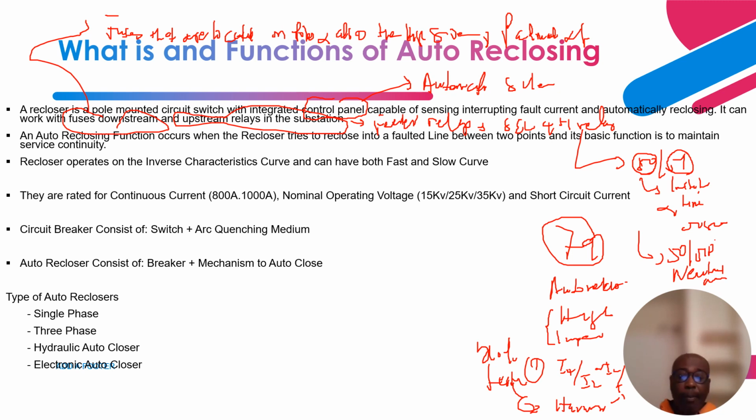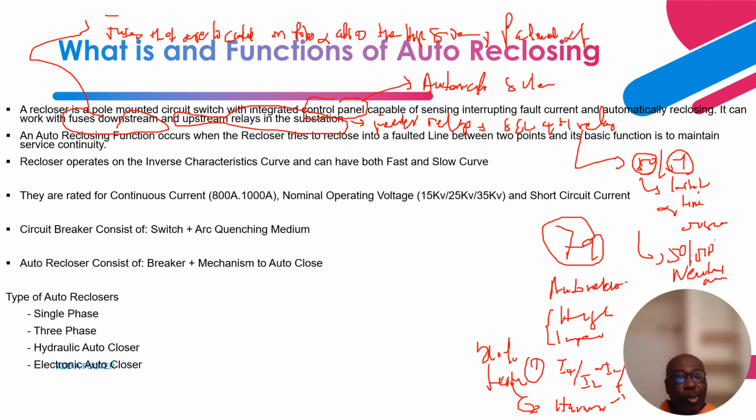But if the majority, let's say 80 to 90% of the feeder, is underground, then usually you don't need an auto reclosing function, because a fault that occurs on underground cables is a permanent fault. But for overhead lines, like I told you, 80% of the faults are transient, temporary faults.